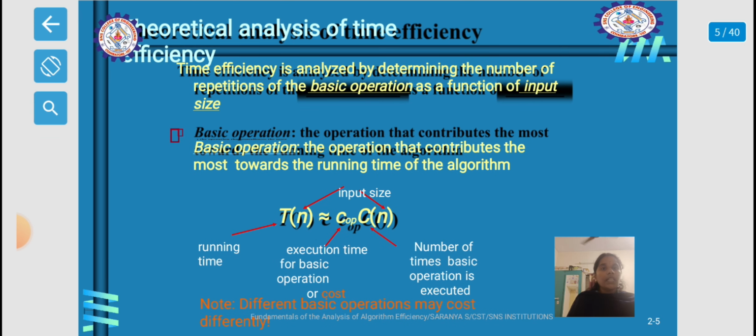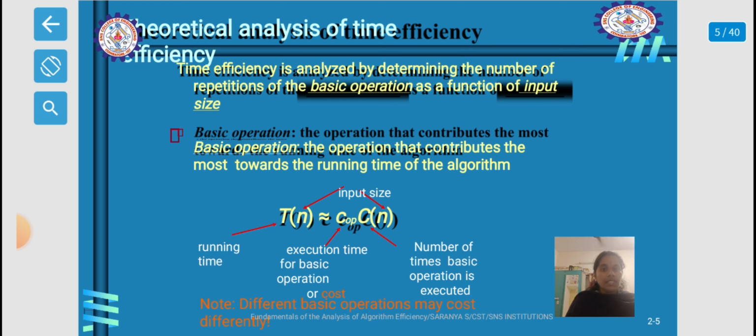A theoretical analysis of time efficiency counts the number of repetitions of the basic operation as a function of input size. A basic operation is the one that contributes the most towards the running time of the program. That means T of n is approximately C op times C of n.